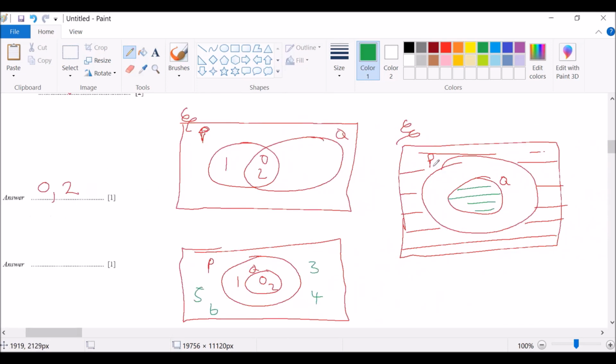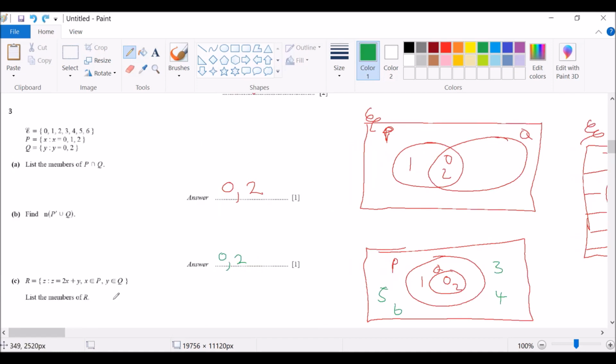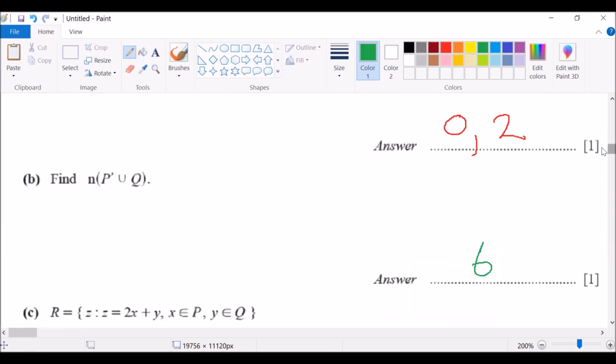So P bar is out here, and union means combined with Q. So we are saying what's in Q, combine it with what's outside P. We want the number of elements. So we have 1, 2, 3, 4, 5, 6. 6 is our answer.